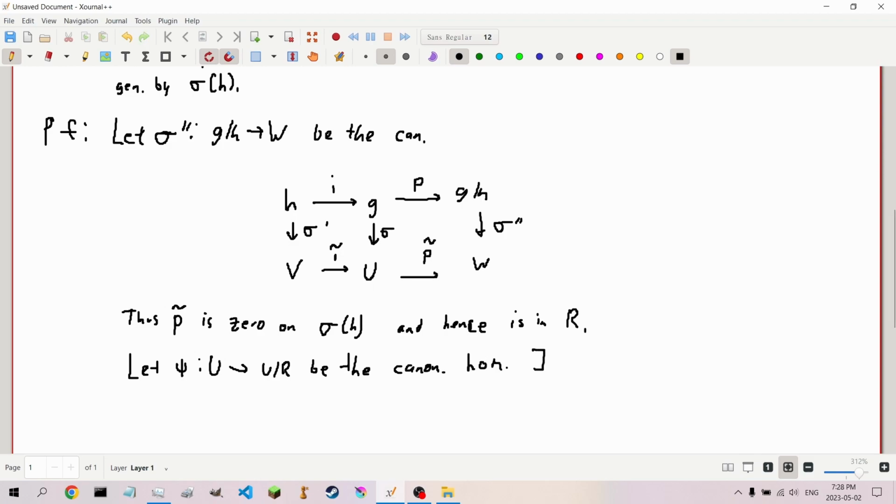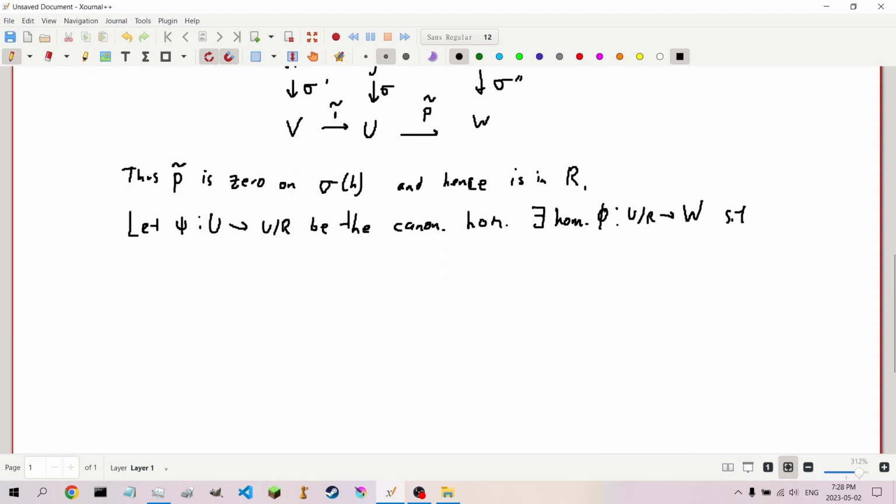So then we have that there exists a homomorphism phi from U over R into W such that, and then we have another map here. We have the map from G into G over H. I'm going to draw this one a bit bigger.